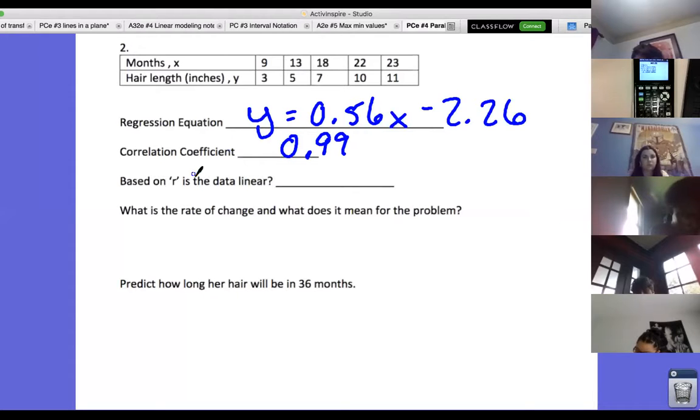Okay, so based on R, is the data linear? So is this linear? And the answer is yes. How do I know? Because it's very close to 1. I could say, what's the relationship? And this is a strong positive correlation.